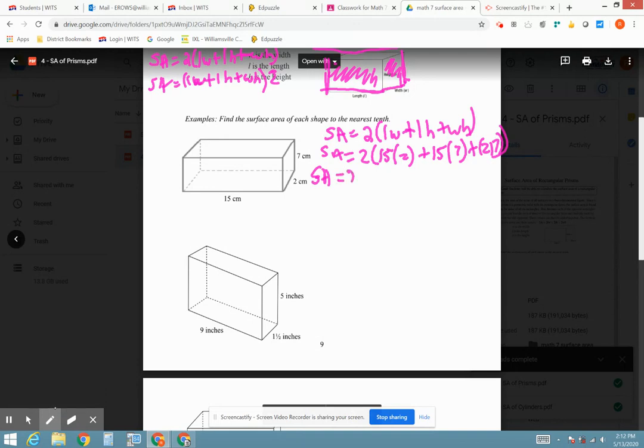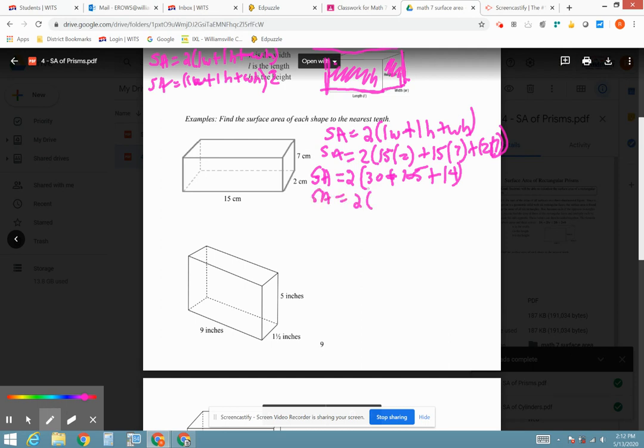So then I'm going to do 2, and then 15 times 2, which is 30, plus 15 times 7, which is 105, plus 2 times 7, which is 14.